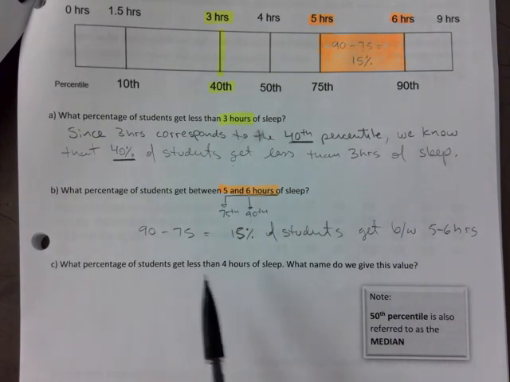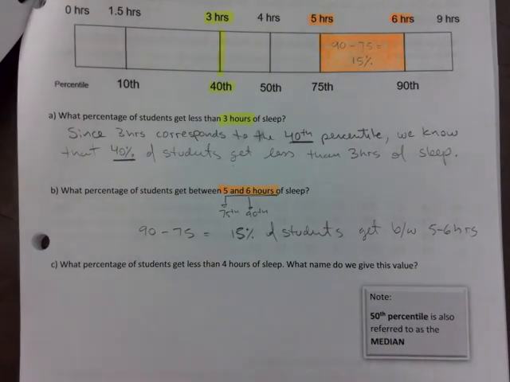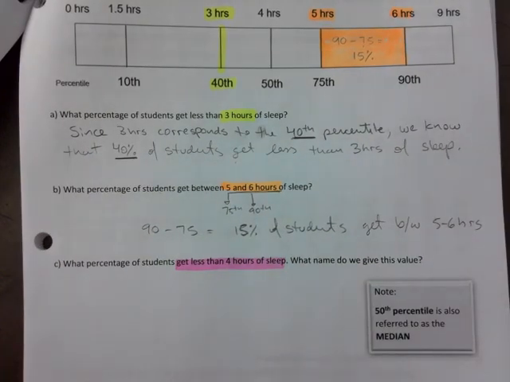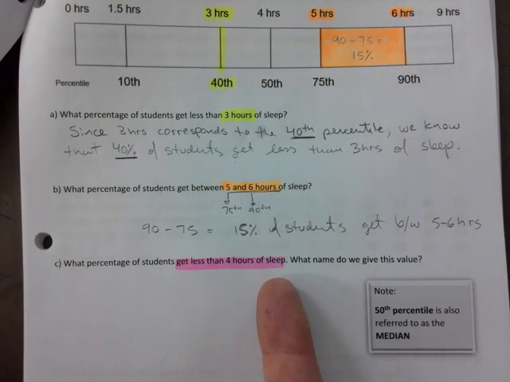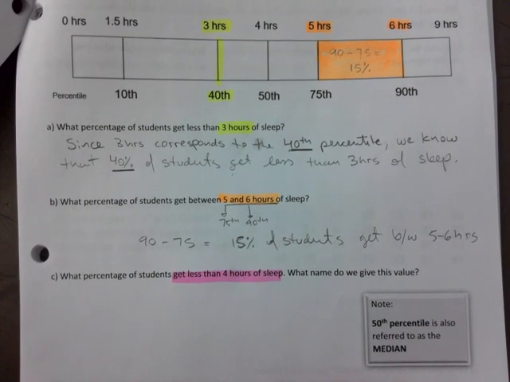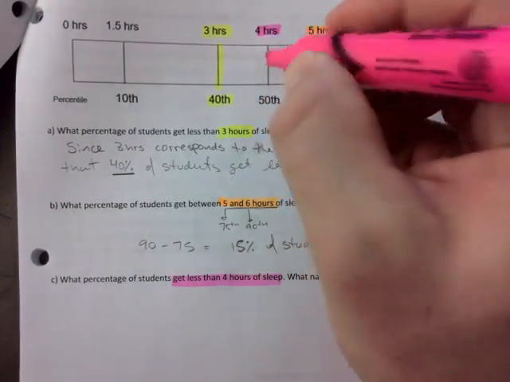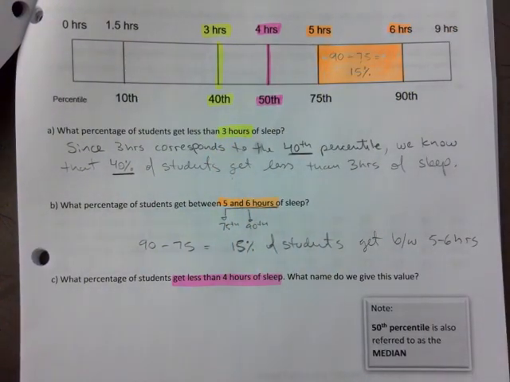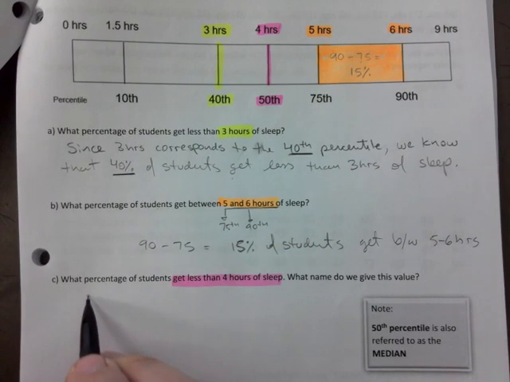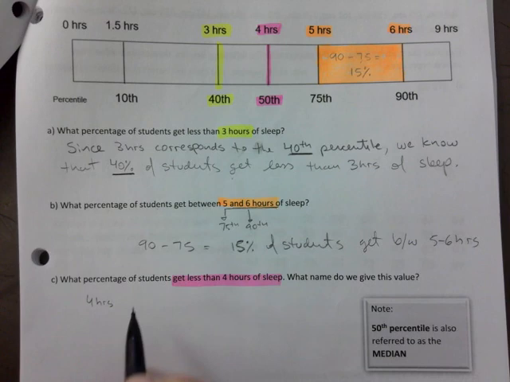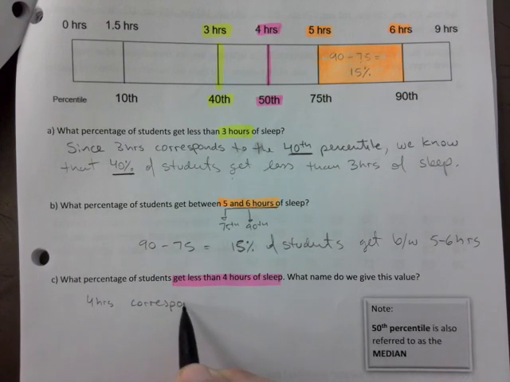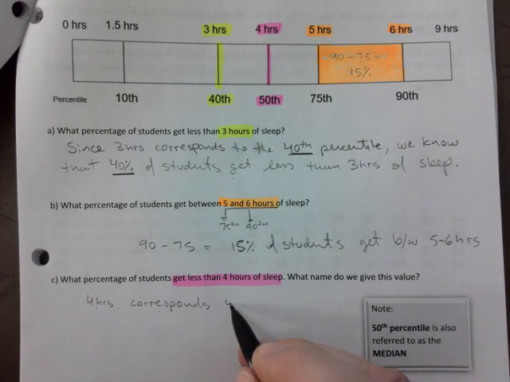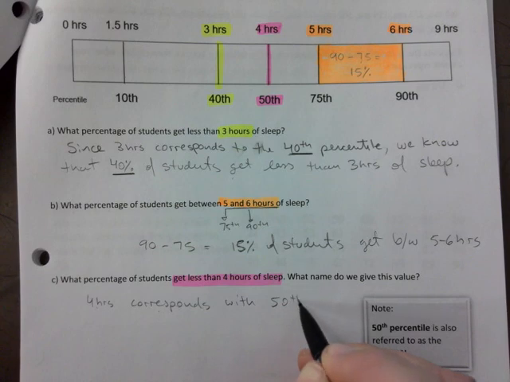What percentage of students get less than 4 hours of sleep? I need a different color now. Less than 4 hours. Not between, correct? Not between. It just says less than 4 hours. Where is my 4-hour mark? It's right here, correct? What does it coincide with? 50th. Okay. 4 hours corresponds, you don't have to do it this fancy down the road, I just want you to understand. 4 hours corresponds with the 50th percentile.